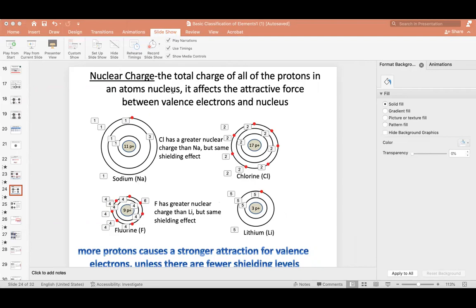And we're going to list these in increasing order. Which elements have lower nuclear charge, which have higher nuclear charge. And then we will also list the same elements in increasing order for something that we would call the shielding effect.